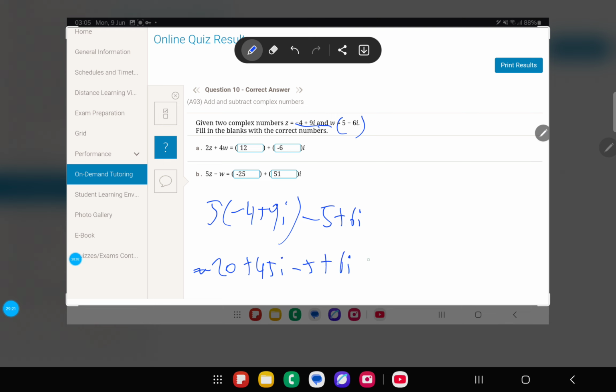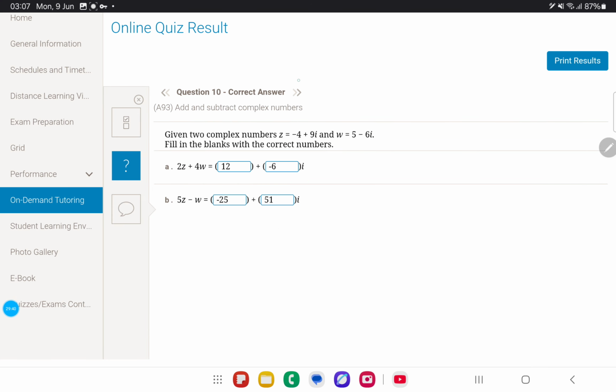Now just add them up. Negative 20 and negative 5, you get negative 25. 45i plus 6i, you get 51i. And that's exactly it: negative 25 plus 51i. That's it for question 10.